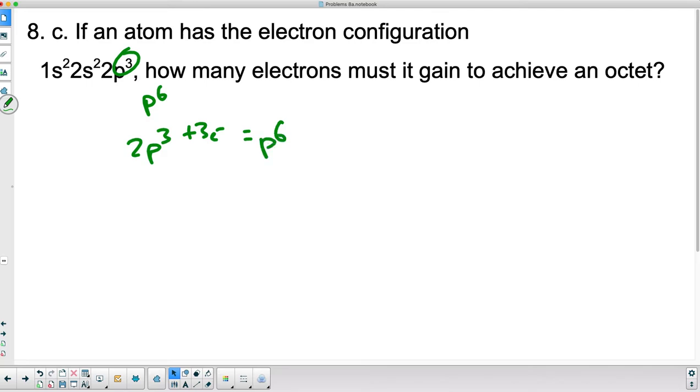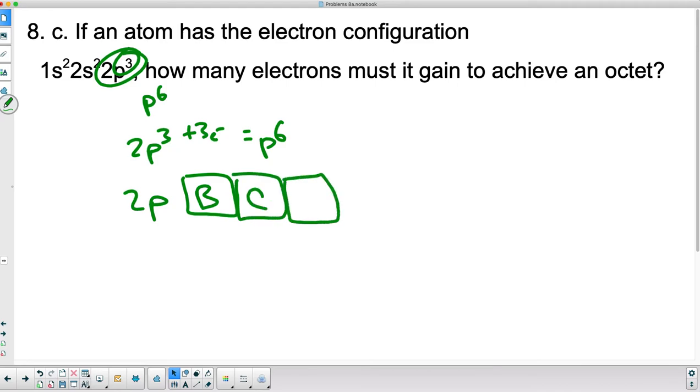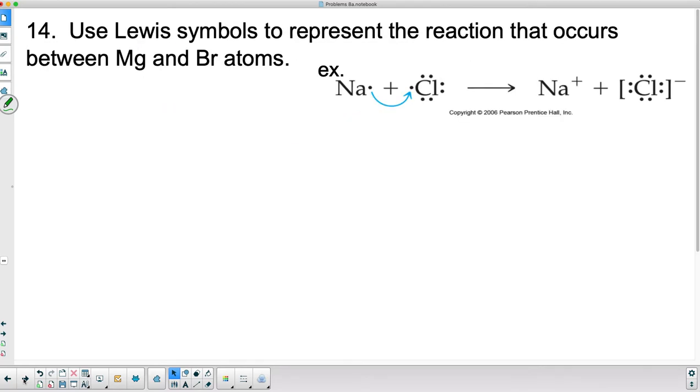Taking a look at the 2p, I have boron, carbon, and 2p3 is nitrogen, so I have nitrogen. If I add 3 more electrons onto nitrogen, that gives nitrogen a -3 charge. So 3 more electrons, nitrogen with a -3.